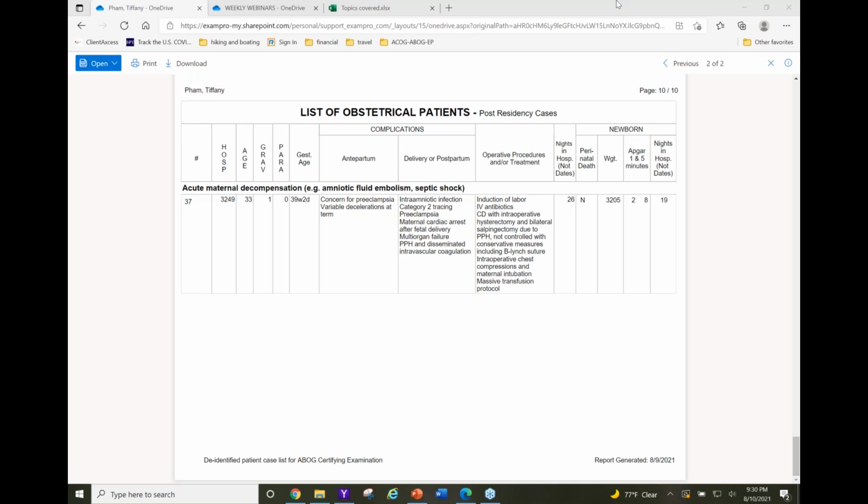Good. And there are some criteria that have been described for diagnosing amniotic fluid embolus. Do you know what those criteria are? Hypotension or a cardiopulmonary event. There's also the absence of fever as a part of the diagnosis.